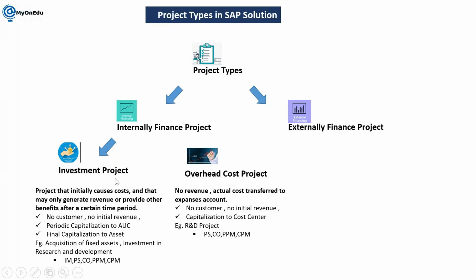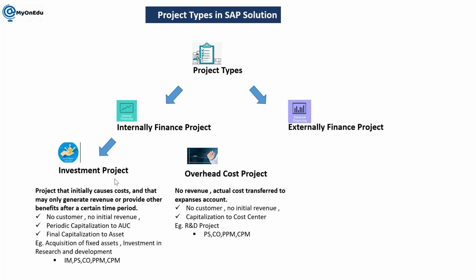In an investment project we are making an investment, like constructing a manufacturing plant. It is direct and straightforward: in the upcoming years I need to increase my production as per market requirement. If I invest this amount to construct the plant, I expect to get it back in the next four or five years.